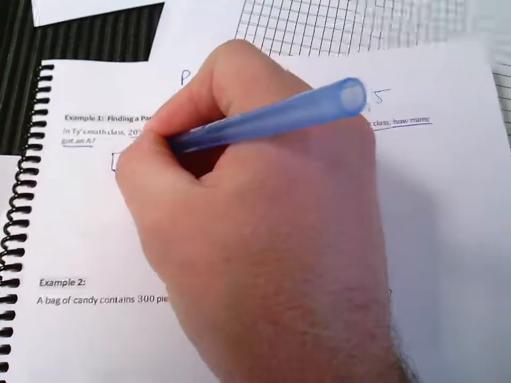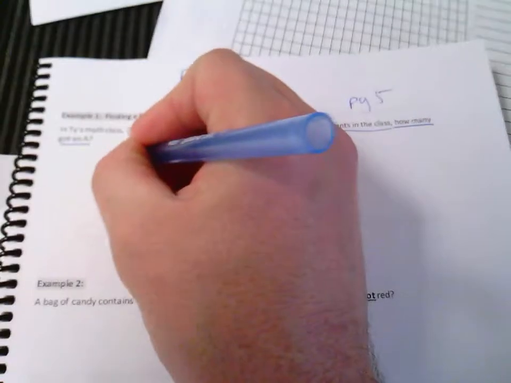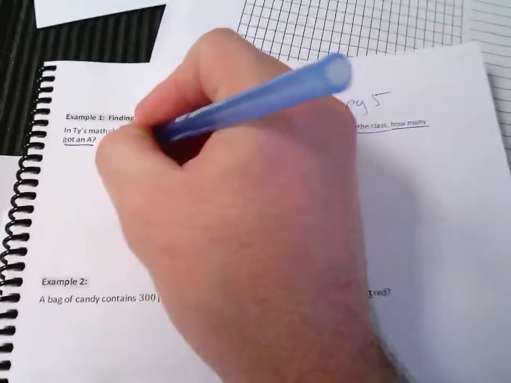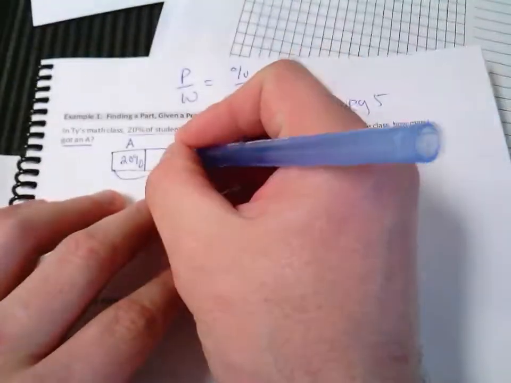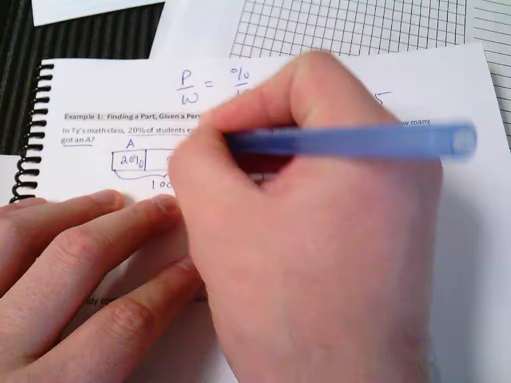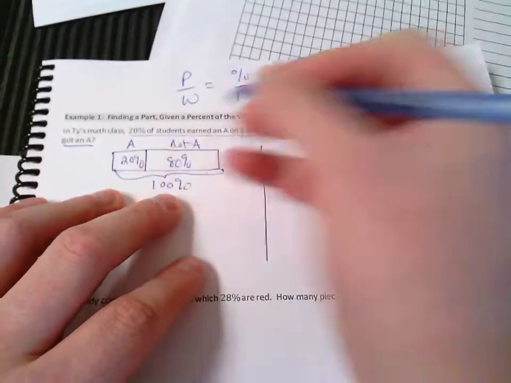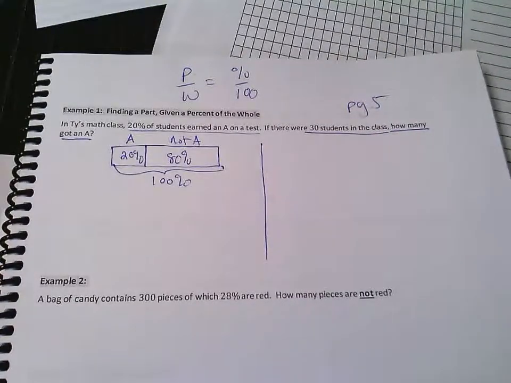Now we're going to make a block and call that 20%, and these are the students that got an A. Then there's 80% that did not get an A, but example number 2 will go into that a little bit more.